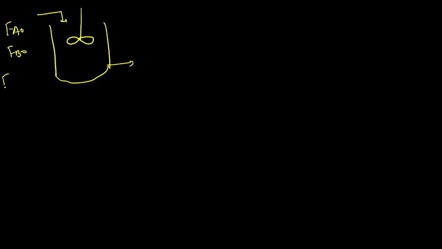First of all, I am trying to write the material balance, right? So if we talk about the material balance here, I am assuming FA naught, FB naught, FC naught is equals to 0, FD naught is equals to 0, and here it will be FA, FB, FC, FD.